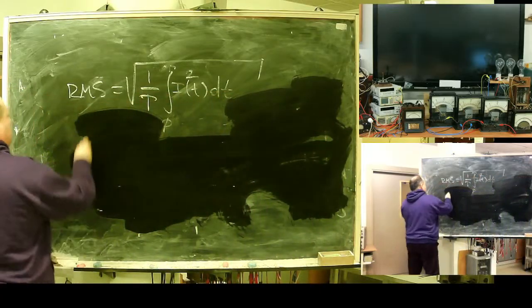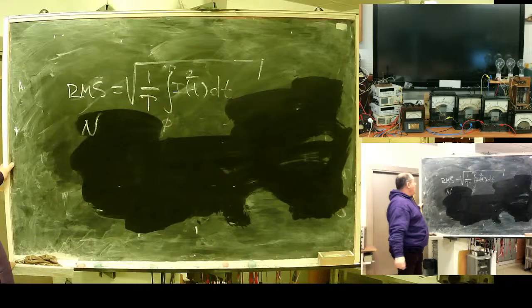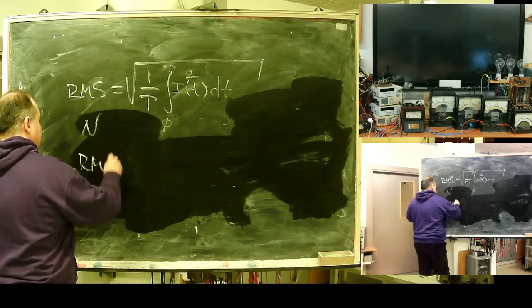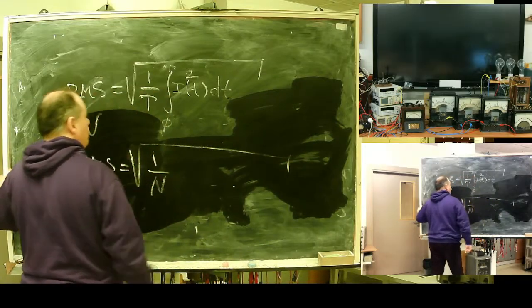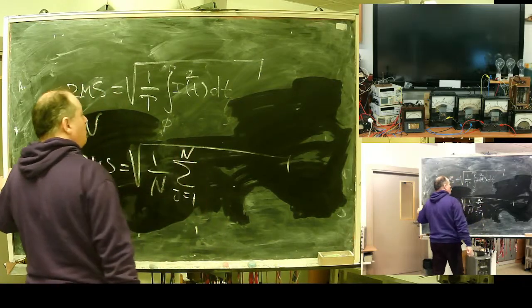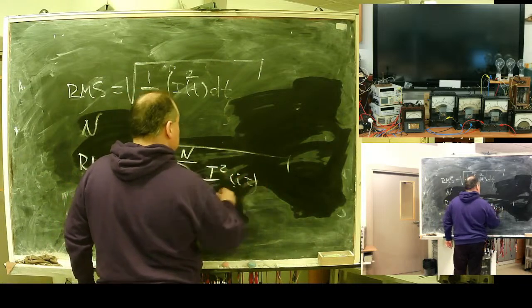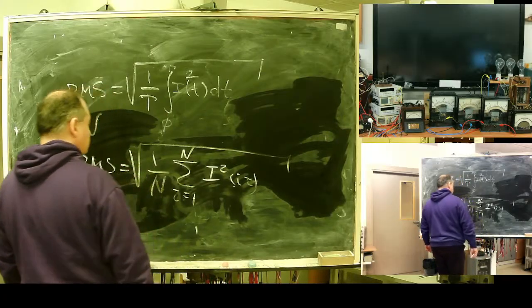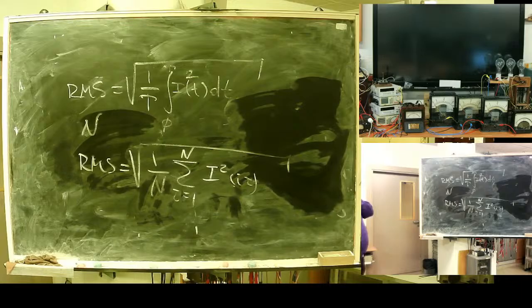So if I have n points per one period, I can substitute RMS with the square root of 1 divided by the number of points, sum with i from 1 to the number of points, of i squared tau. Fine? You understand this formula?